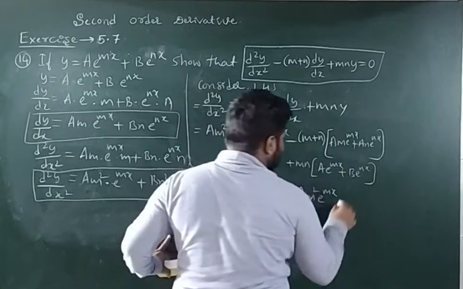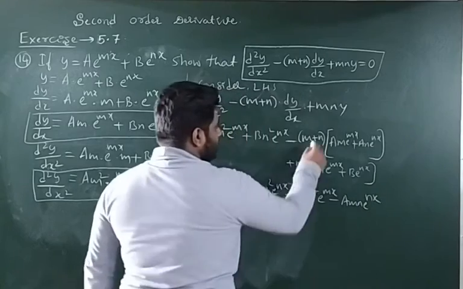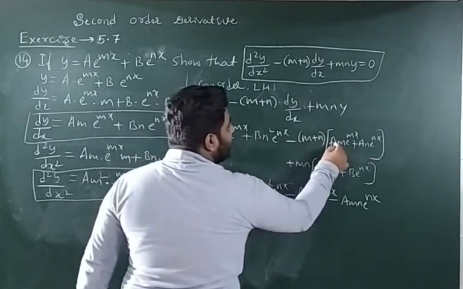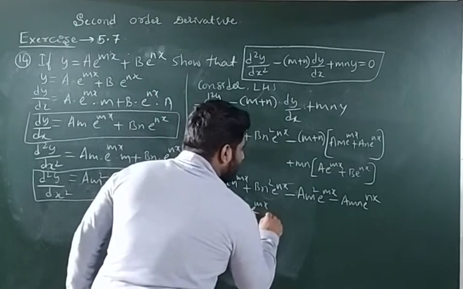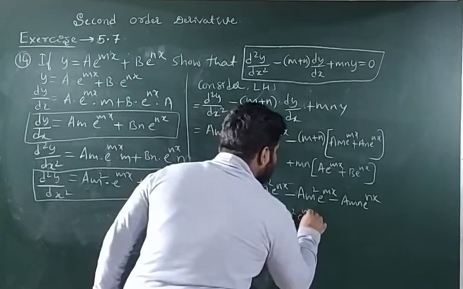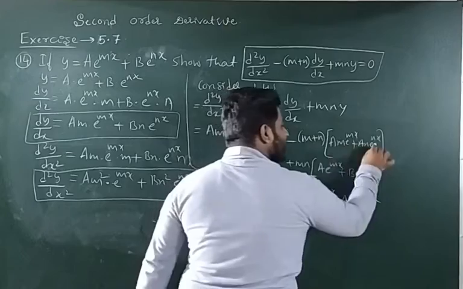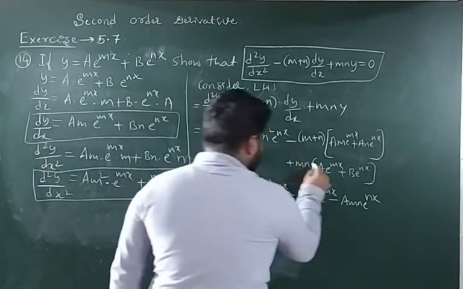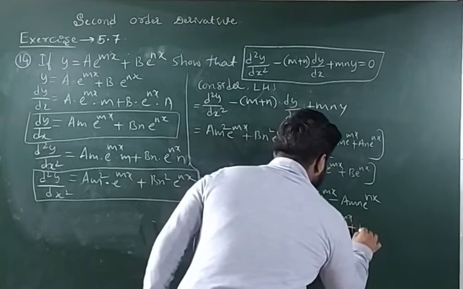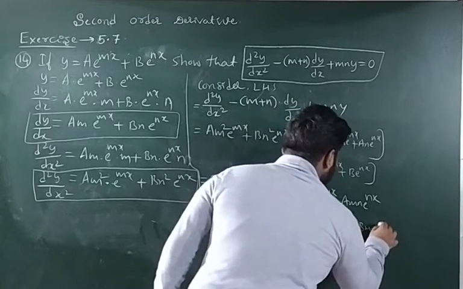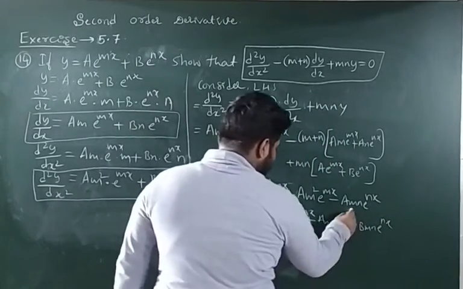Next one, minus m into this one means minus amn e raised to nx. Next term, n term, minus n into amn, that is minus amn e raised to mx minus bn square e raised to nx. This term into this term, this term into this term. We got this. After that, we are getting plus amn e raised to mx plus bmn e raised to nx.